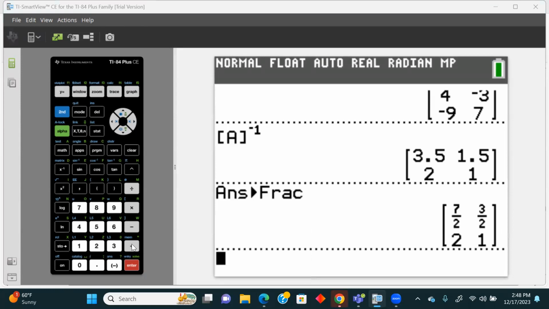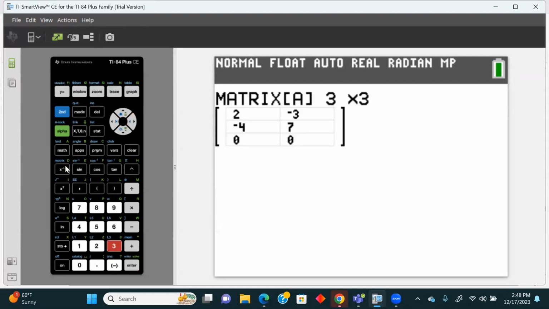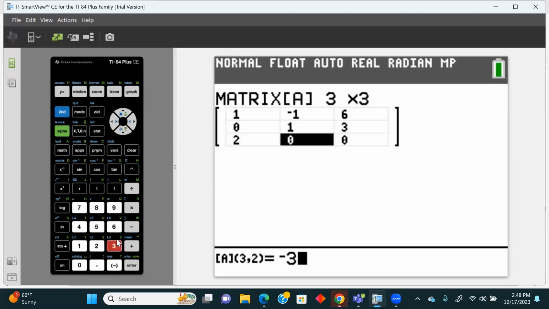And then our last one was a 3x3, which is fine. We want to double check my numbers.